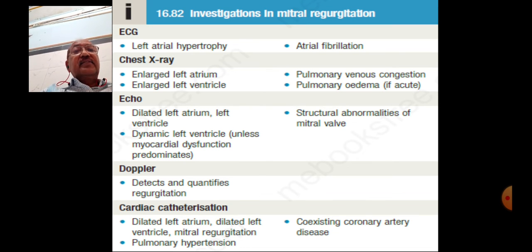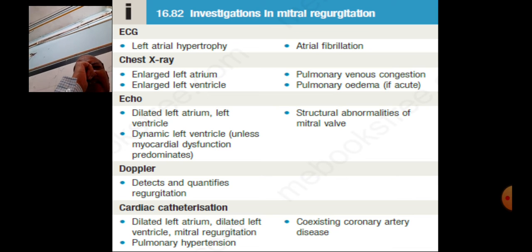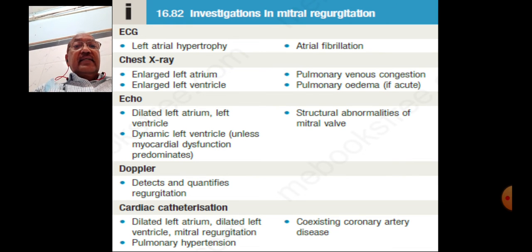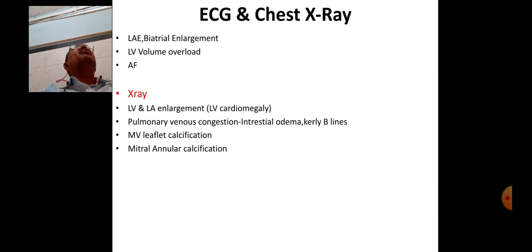Doppler detects mitral regurgitation and quantifies whether the regurgitation is mild, moderate, or severe. And cardiac catheterization confirms these findings and is basically utilized for ruling out associated coronary artery disease.